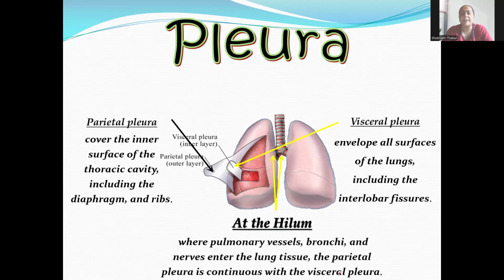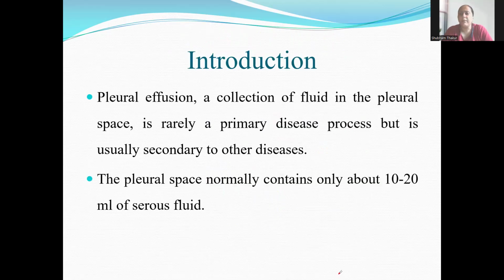Okay. Then introduction. Pleural effusion, we can know from the name, this disease comes under the respiratory system. Pleural effusion is one of the disorders of the respiratory system. So what is pleural effusion?